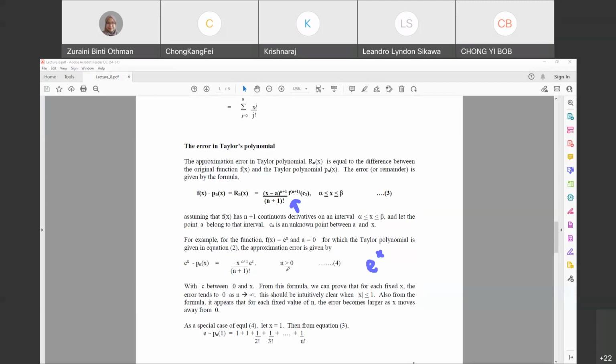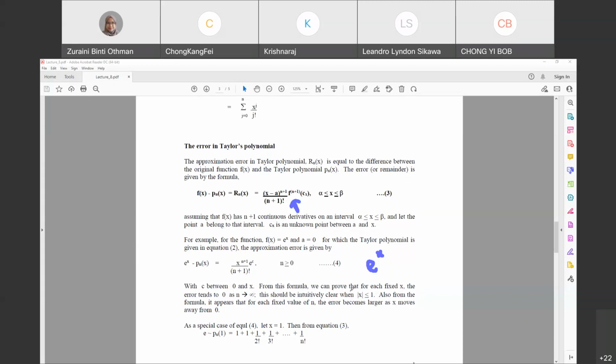Okay, di mana n lebih besar sama dengan kosong. Untuk n yang besar maksudnya dia tak boleh lah n lebih kecil daripada kosong sebab dia series kan, dia mestilah n yang besar sama dengan kosong. Okay, with c between 0 and x.